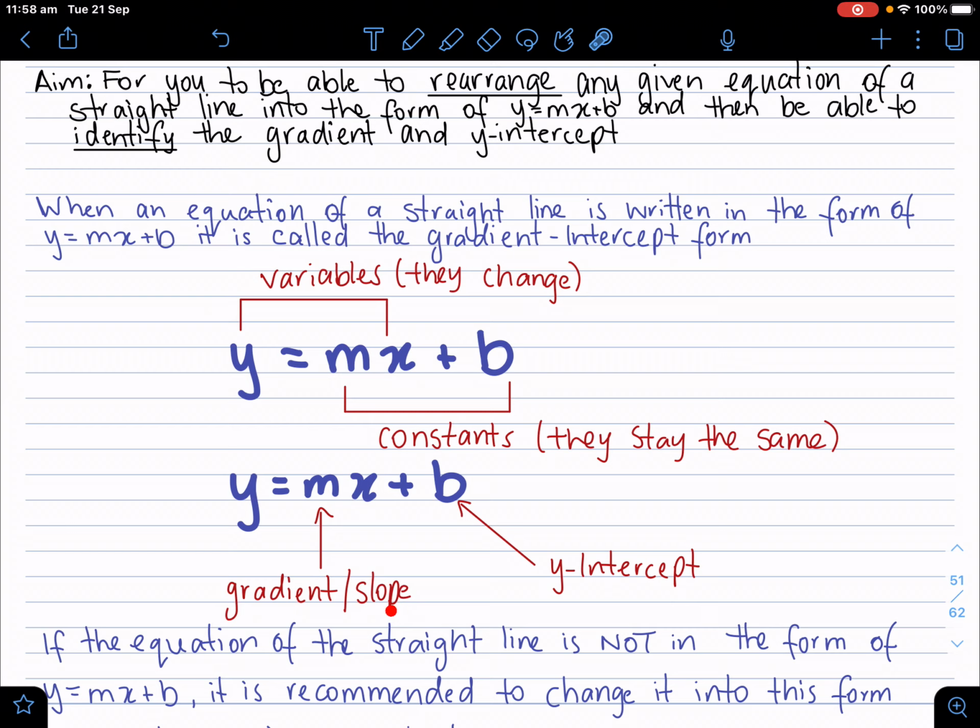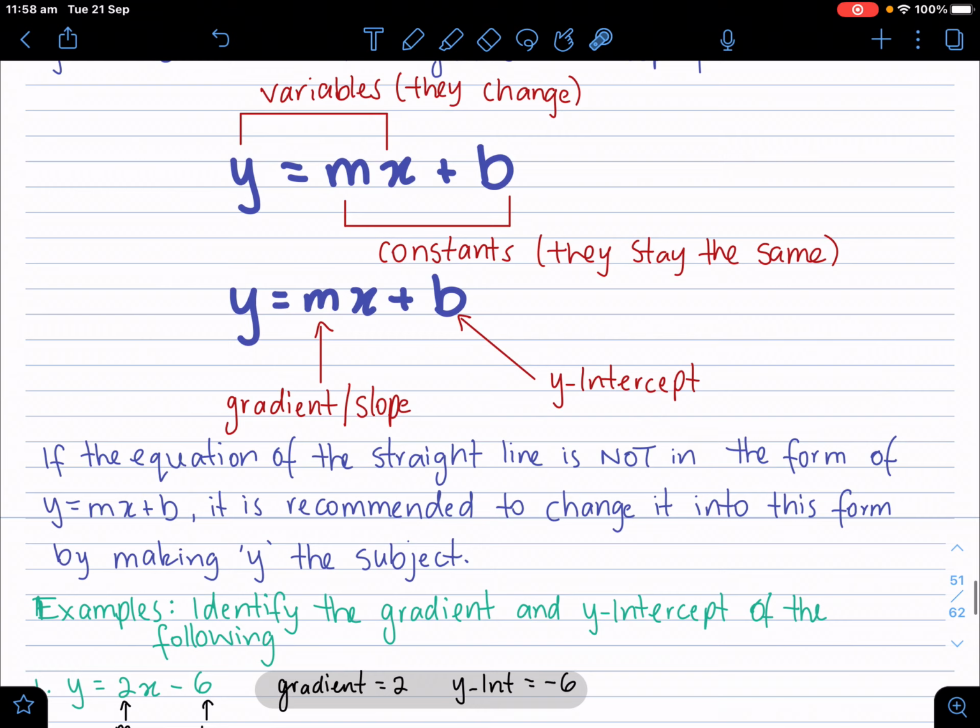Now we'll get into what gradient and slope is and how we calculate it in further videos, but for now, we just want to be able to identify that the m value refers to the gradient or slope, and the b value refers to the y-intercept. And we'll get into what the y-intercept is and how we calculate it and use it in other videos.